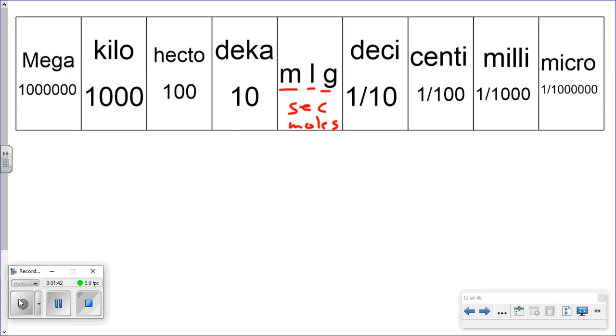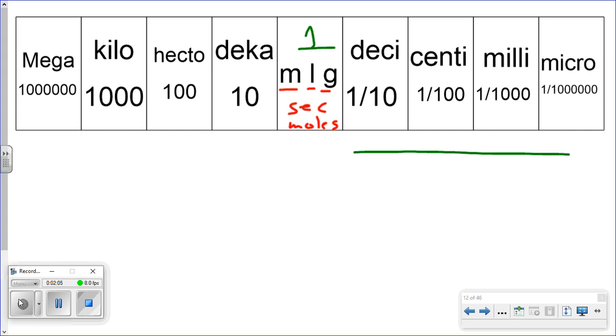Okay, so let's talk about things that are smaller. I'm going to talk about the things I just underlined in green. Deci is 1/10 of anything here, in the meters, liters, grams, seconds, or moles. I'll use meters. So a decimeter is 1/10 of a meter.